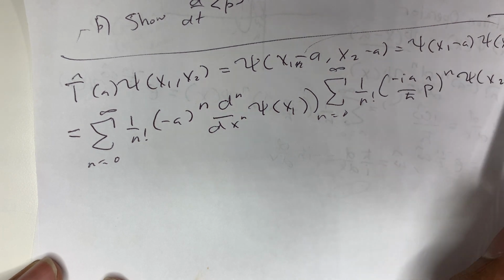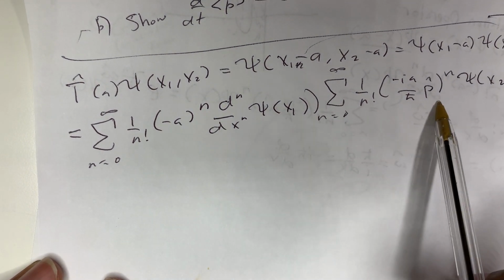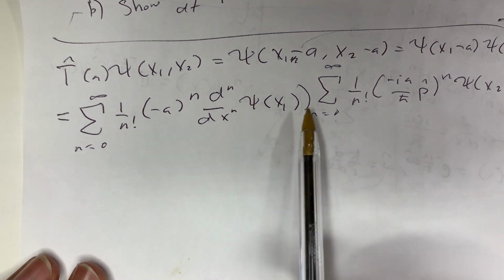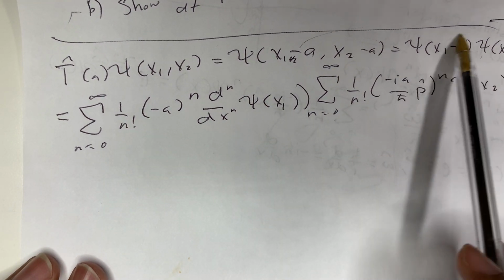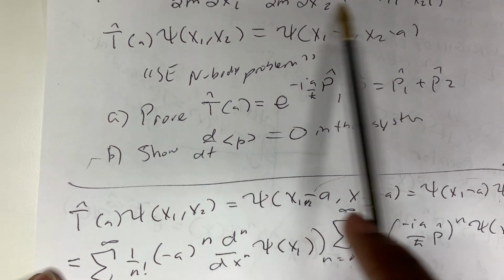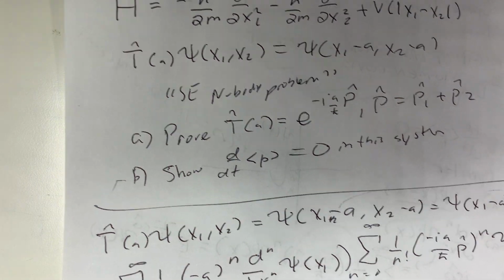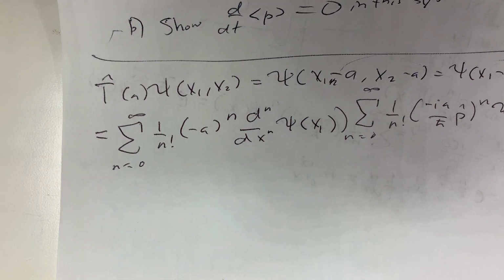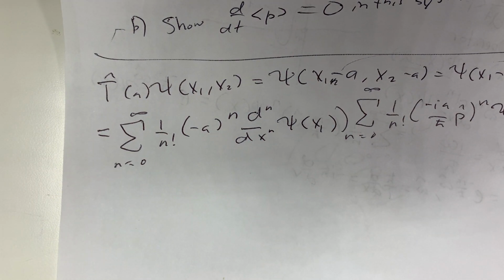So what we did here was we just expanded both terms in terms of the Taylor series expansion that I talked about earlier. And this equation actually separates the two parts. With this potential, they separate. So we can separate our wave function into two parts and multiply them together.